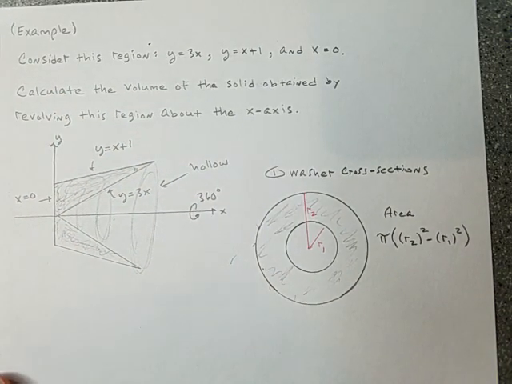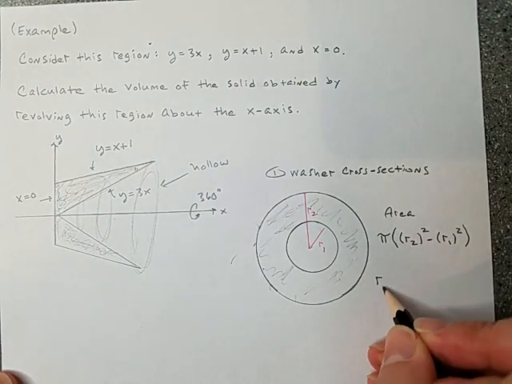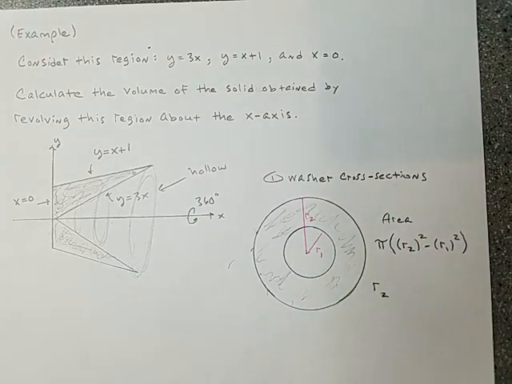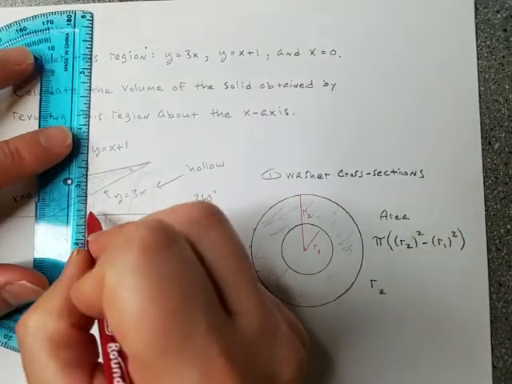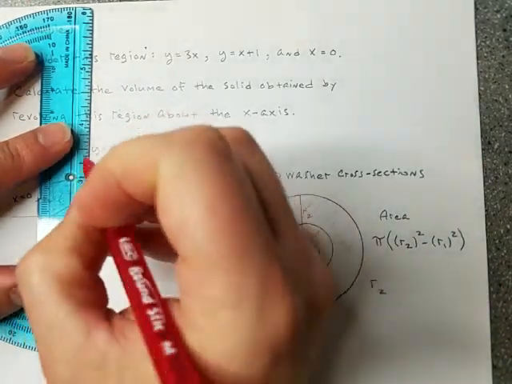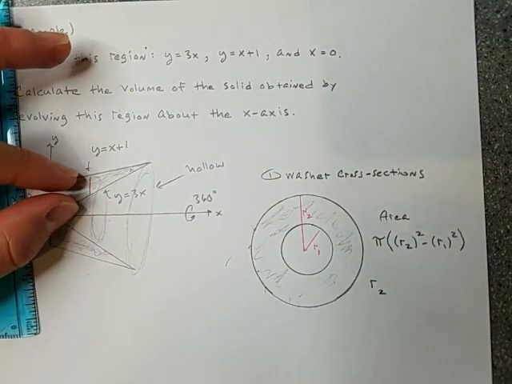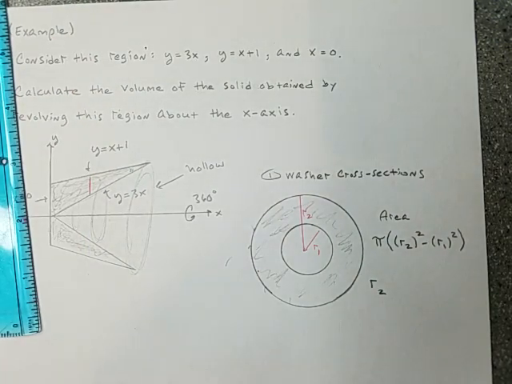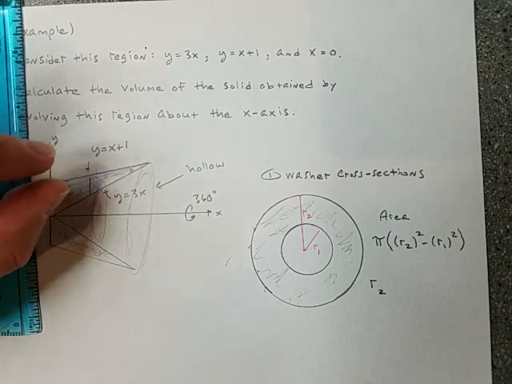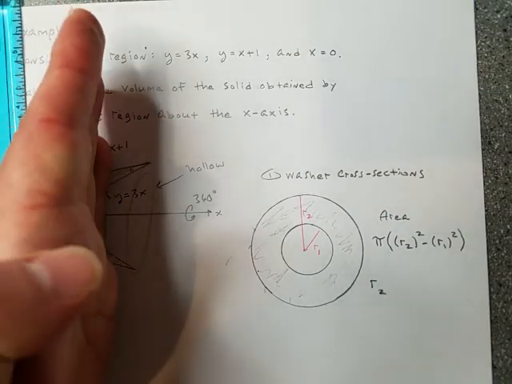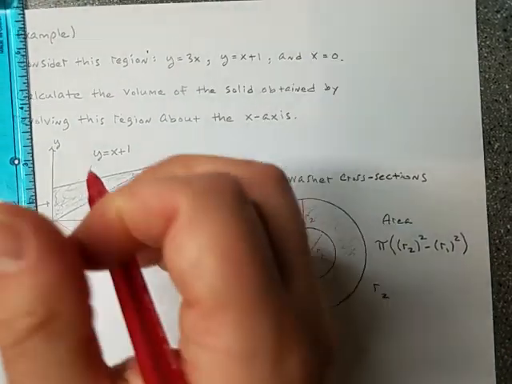Now, what is that larger radius? Let's go back to our shape over here. There is the thickness of the washer cross section that's at that spot. There's going to be a ring that goes all the way around. That's the washer that we cut out right there.